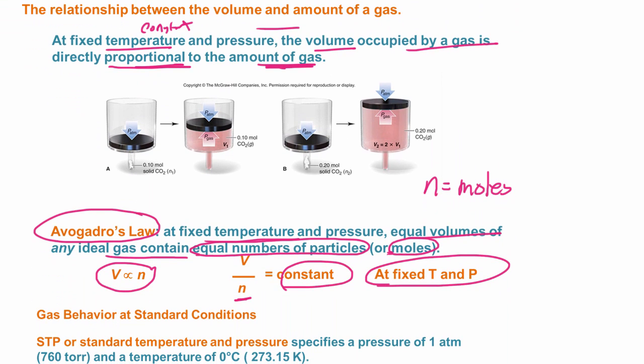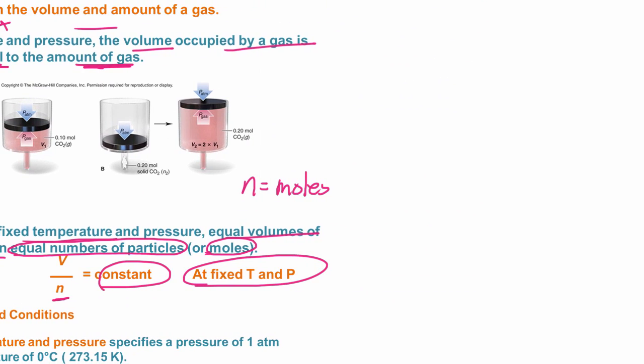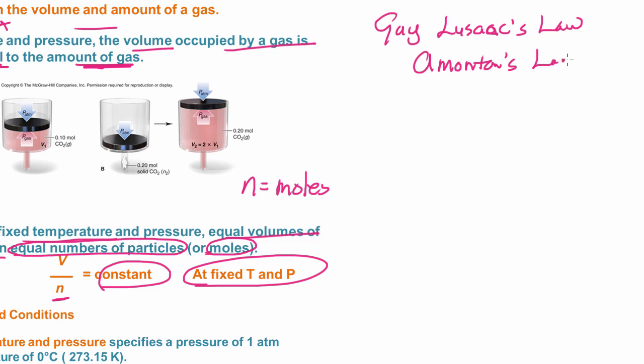Another law that I want to talk to you about is Gay-Lussac's law, also known as Amontons's law. And this relates the pressure and temperature. So if we increase the temperature, we see an increase in pressure.